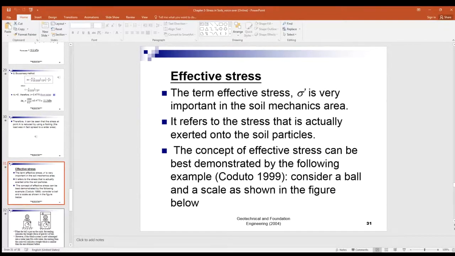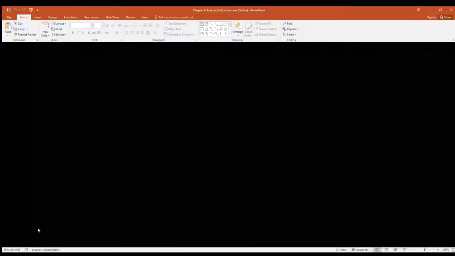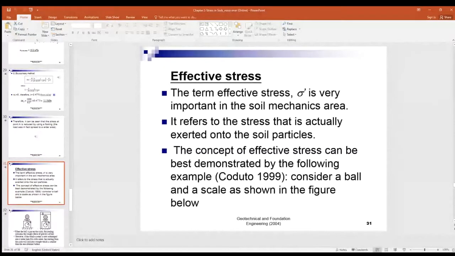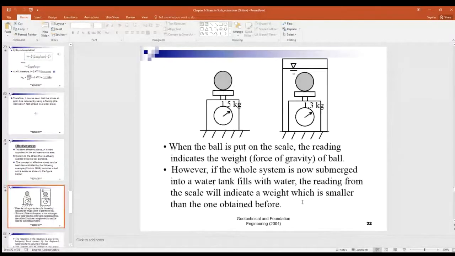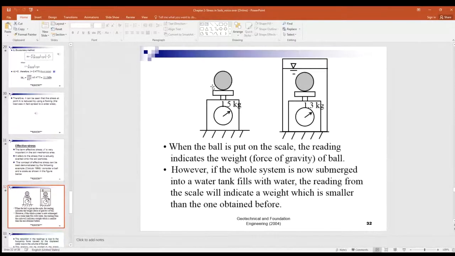Now, what's the effective stress? Imagine you have a soil particle. It weighs 1.5 kilograms in air. If you put the whole arrangement into a tank of water, it weighs less.